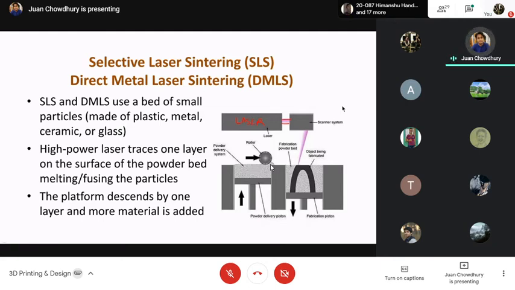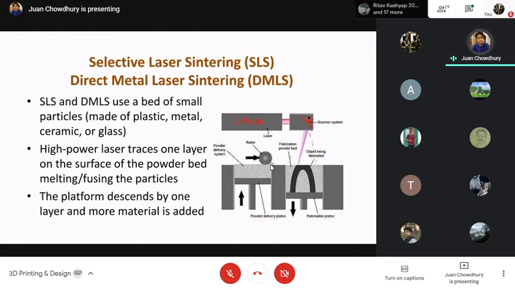So what we have over here is a mirror, and this mirror is connected to a galvanometer. On supplying current, the mirror will deflect and thereby divert the laser beam accordingly. Usually this deflection is not very large, and hence the whole process is limited to a certain work volume because of the inherent nature of the laser to expand or lose intensity as you deflect it.